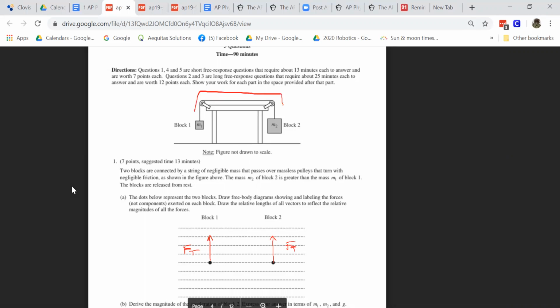Now, for M1, we're going to have weight. So maybe I'll draw it down like this. I'll just call this M1G. Or you can say this is the force of gravity on 1 equals M1G. Now, the force of gravity on block 2, I'm going to draw it like that.